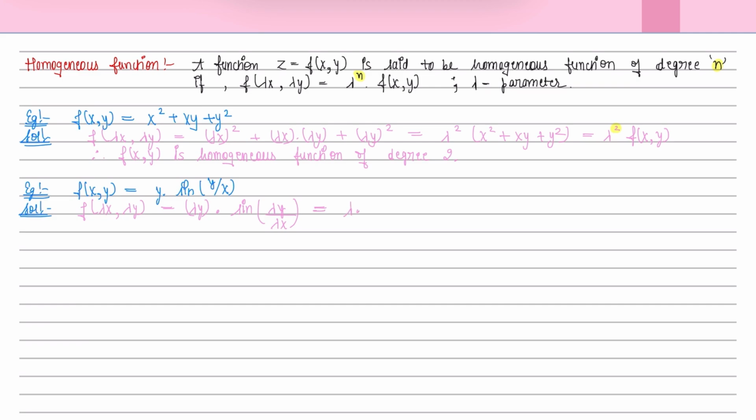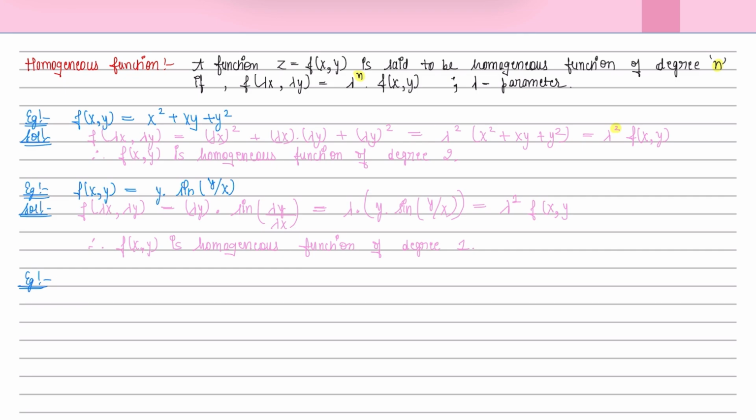Here it is lambda into y into sine of y by x again, and we can see that this bracketed term is again f of x comma y, and here the power of lambda is 1. Therefore f of x comma y is a homogeneous function of degree 1.